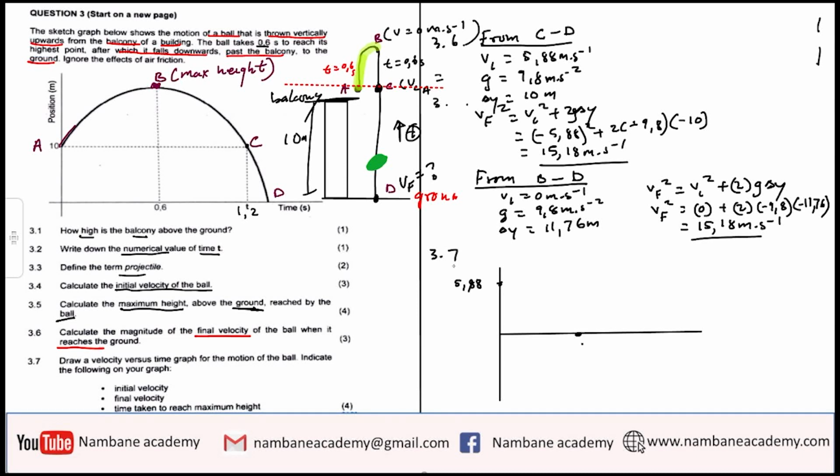0.6 seconds to reach the maximum height, and the final velocity was something like 15.18, and total time we do not have, but we know that at some instance it was 1.2 for the purpose of symmetry.